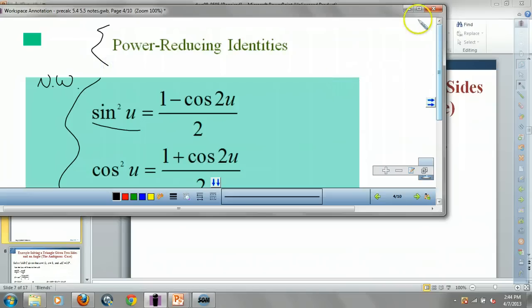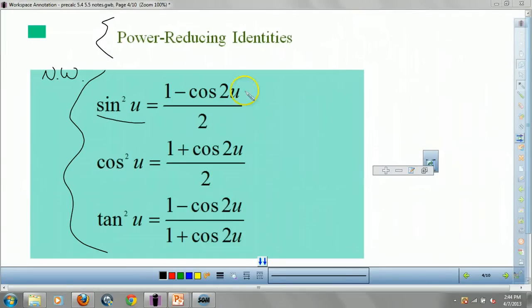Power reducing identities. And tan squared of u is 1 minus cosine of 2u all over 1 plus cosine of 2u. Anything too scary?